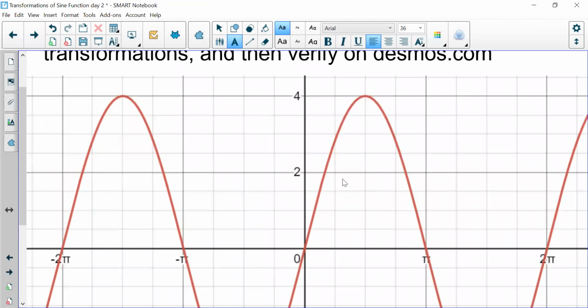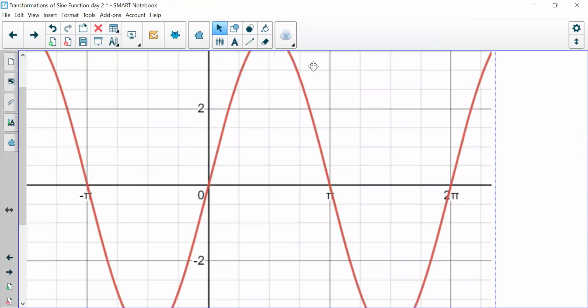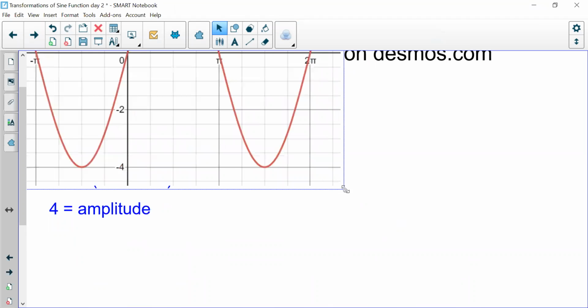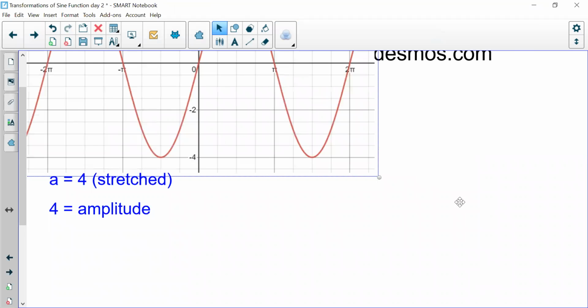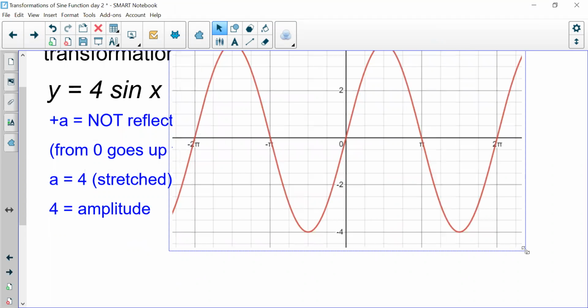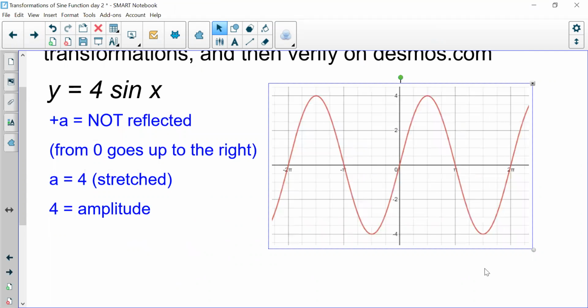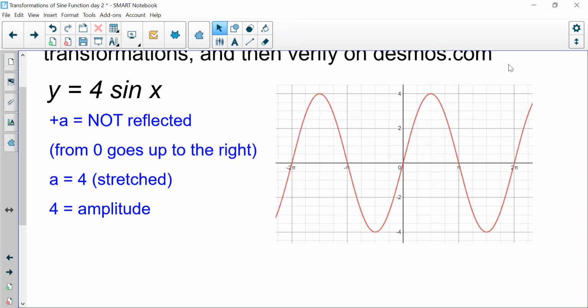If you guys wanted to use the amplitude equation from yesterday, what's 4 take away -4 divided by 2? What do you guys think? What's 4 take away -4? 8.